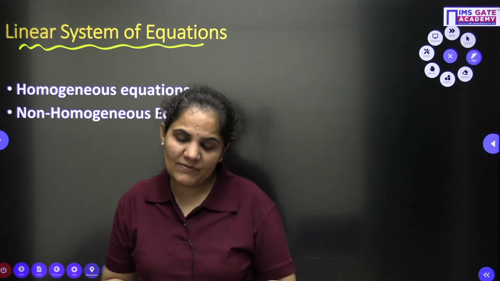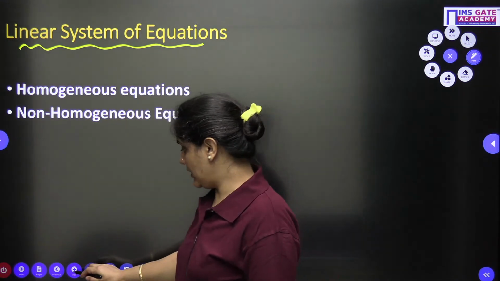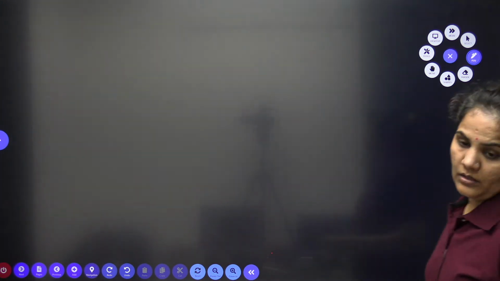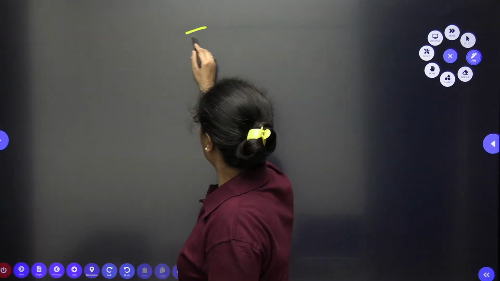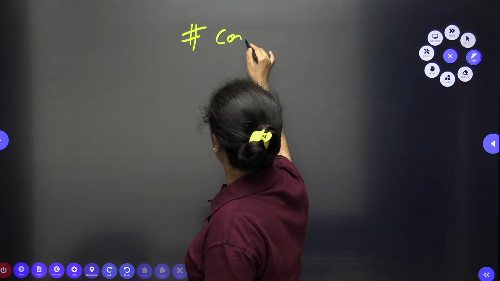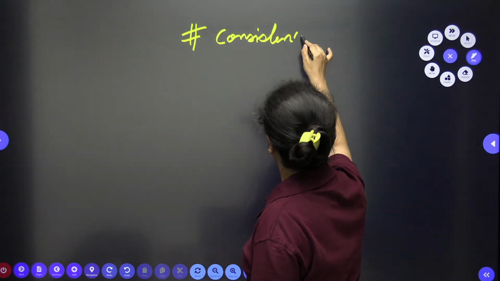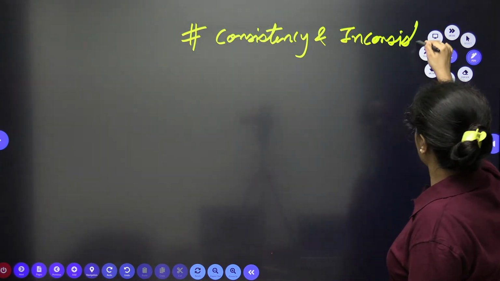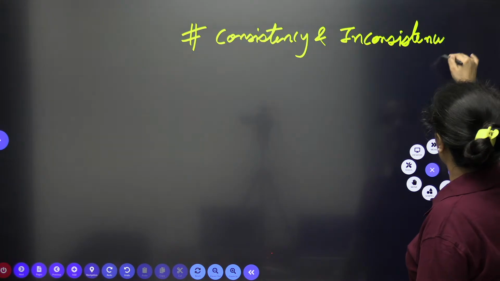As in our syllabus, we have two types of system of equations, homogeneous and non-homogeneous. Before approaching that, we should understand what is consistency and what is inconsistency.